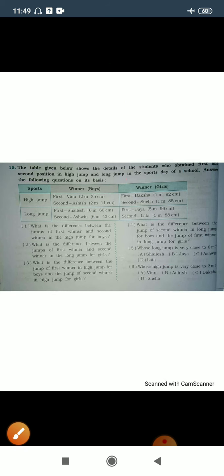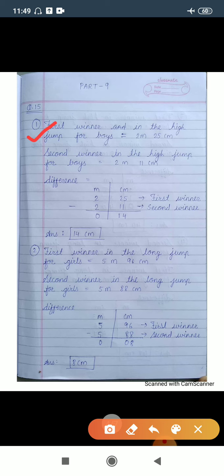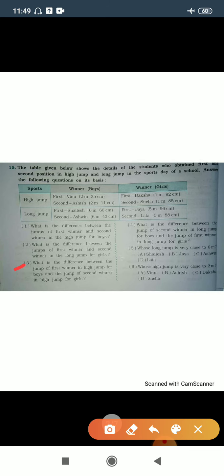Students, all these questions' solutions I have already done here, so you can go through these solutions. Now question number 3.